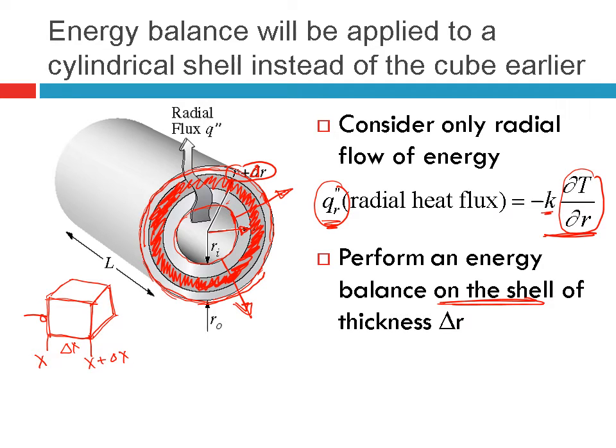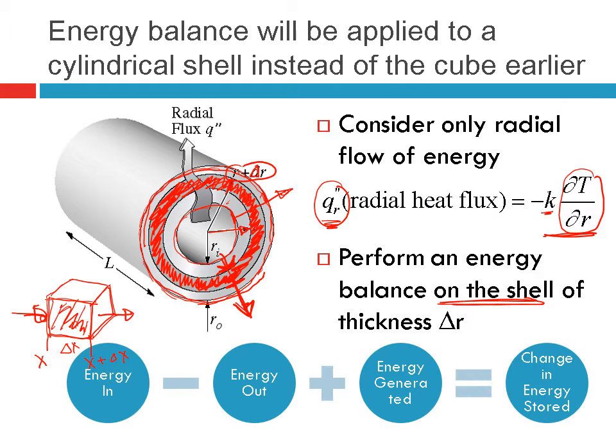Okay, so just like there, we do an energy balance: in minus out plus what is generated should be equal to change in storage. We will do exactly the same thing on this shell. So energy is going in this way and energy is going out this way. It's going into this face and coming out this face, and that's where we're going to do the same energy balance.